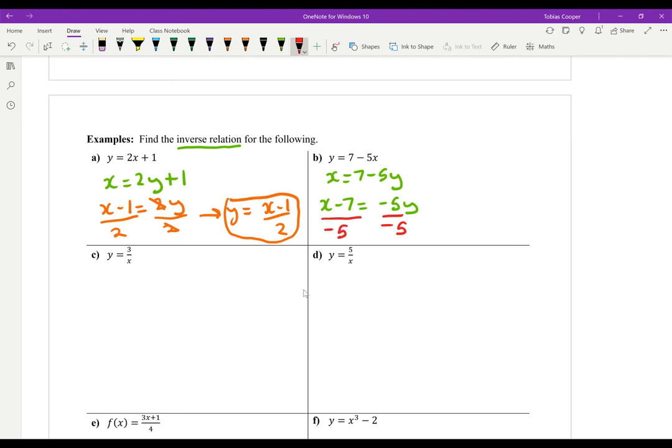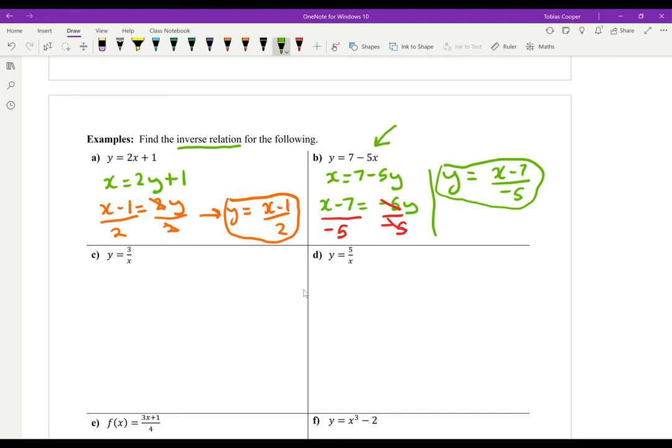Negative 5 cancels. And so your final answer, which we'll put up here, is y equals x minus 7 on negative 5. So this equation here is the inverse relation of this equation.